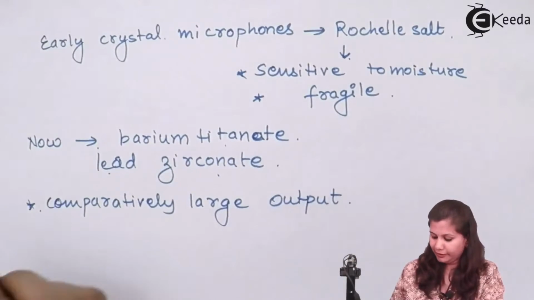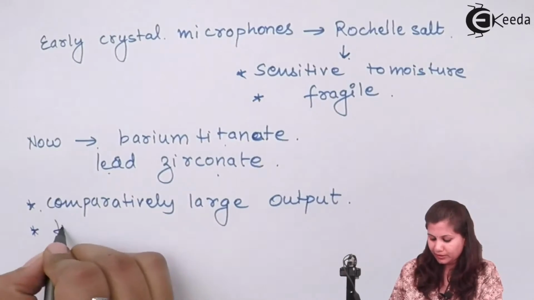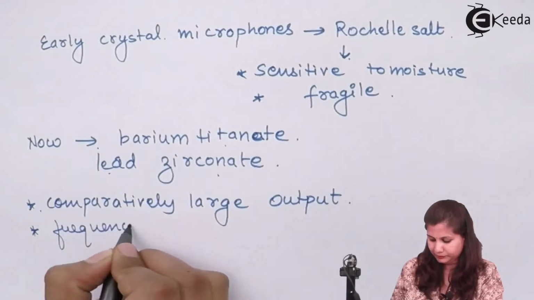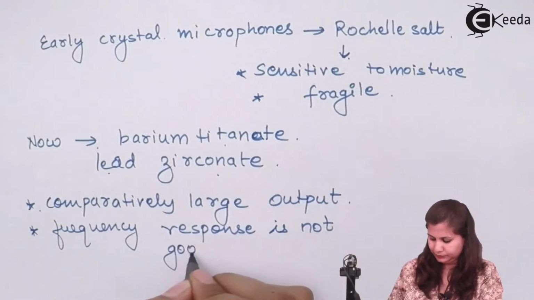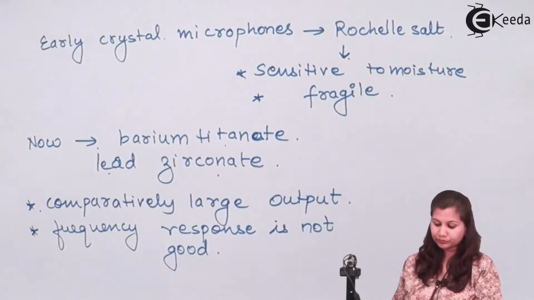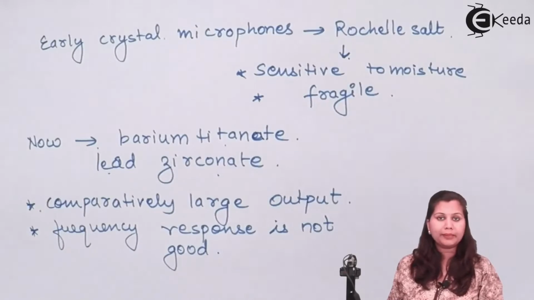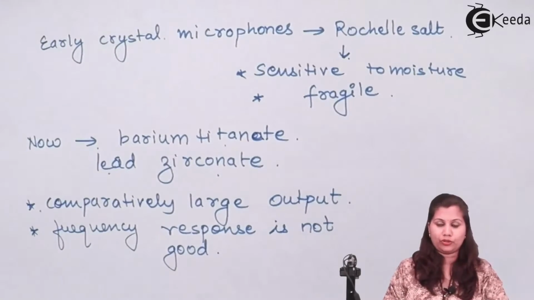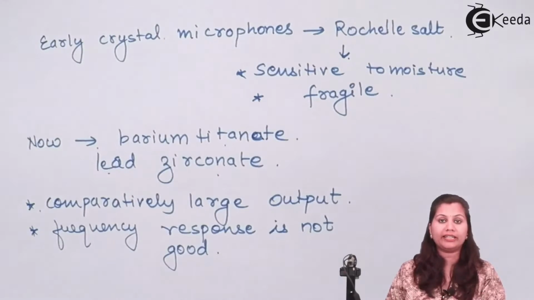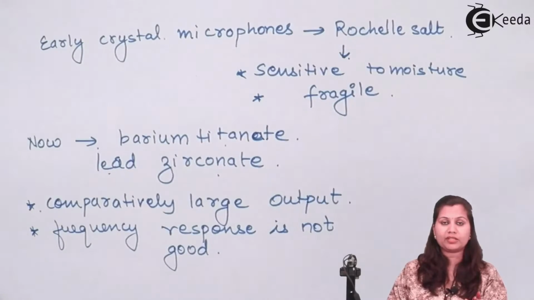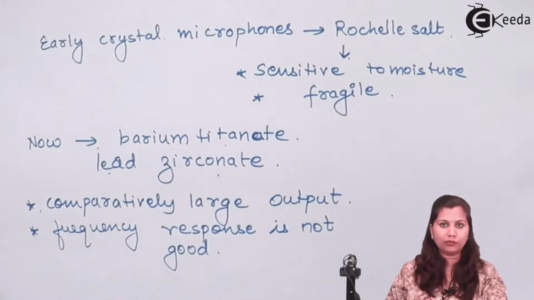But the disadvantage of this is that its frequency response is not good. Okay, so this was the piezoelectric microphones. So we have studied the types of microphones depending upon the generating element which is used for the conversion of the pressure waves into the electrical voltage.